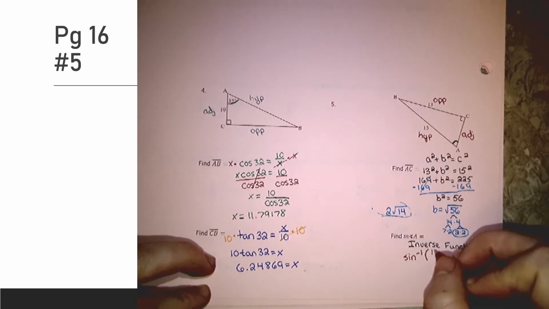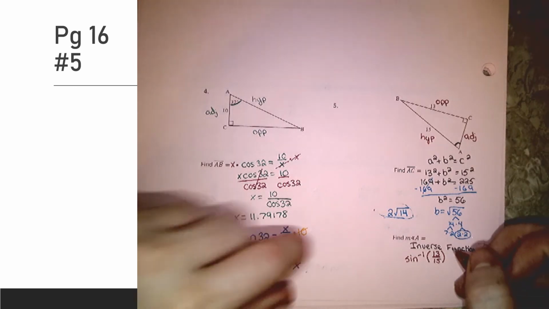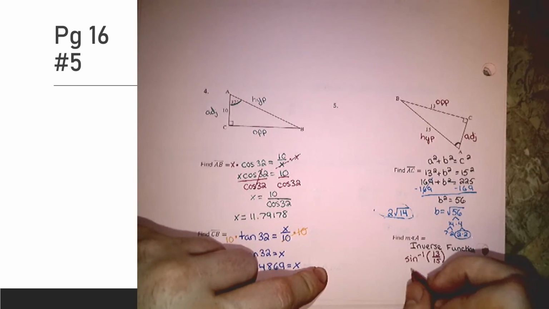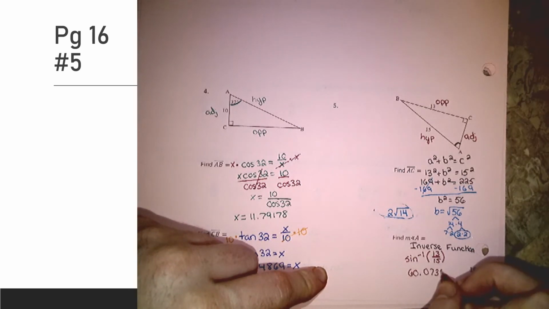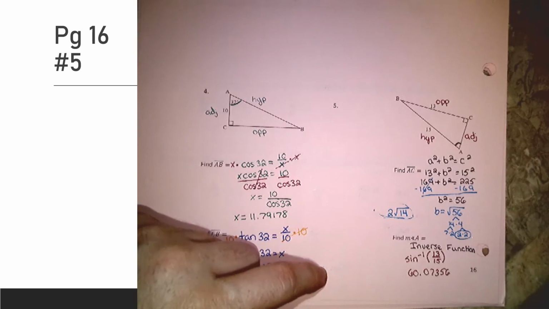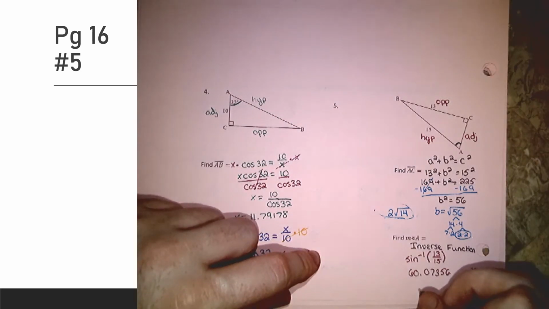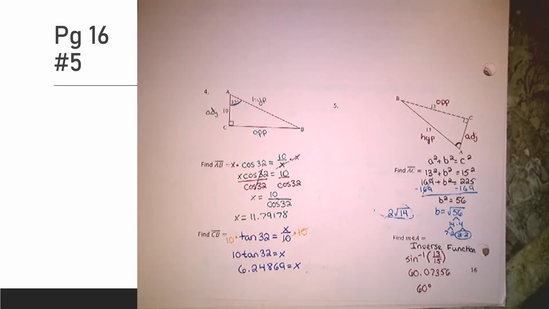So 13 over 15. When I do that, I would get the answer of 60.07356. And let's say if I round it to the nearest whole number, that means that it would be roughly 60 degrees.